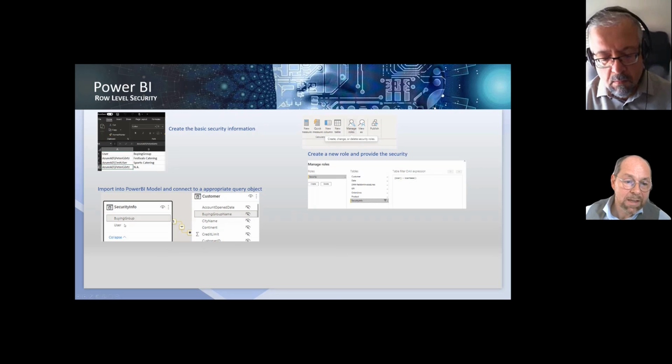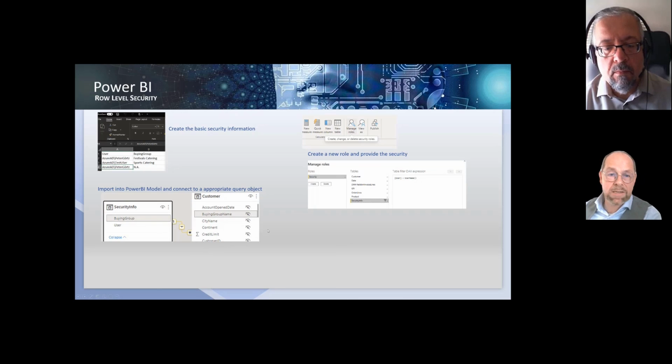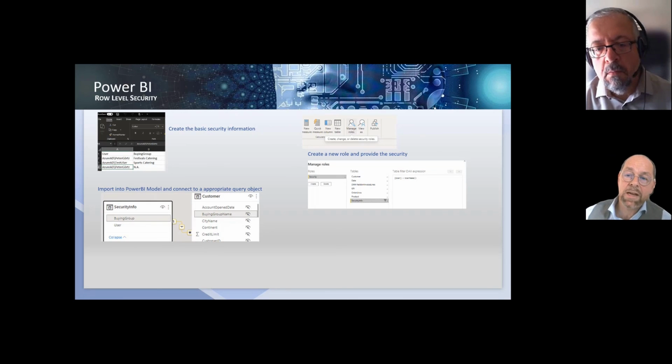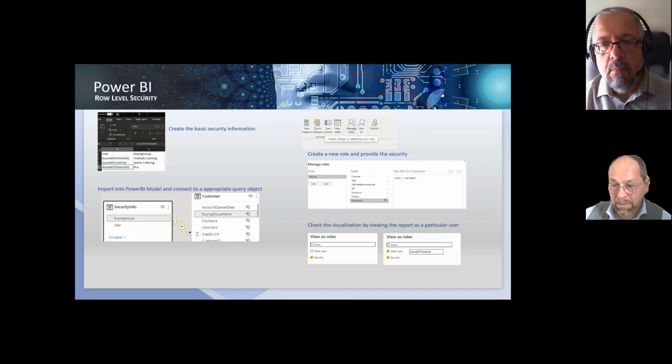By means of that, this table is filtered, and this filter, due to the filter direction, is passed to the customer, which again filters the next steps in the relationships inside our model. And with this little effort, we have guaranteed that every user is only presented the data that he is allowed to view.